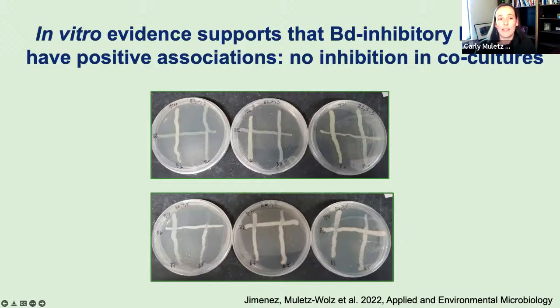What we find is that the evidence supports that these BD inhibitory bacteria do have positive associations, that they don't inhibit one another in co-cultures, even though they're really good at killing BD. So that kind of validates what we're seeing in the networks.